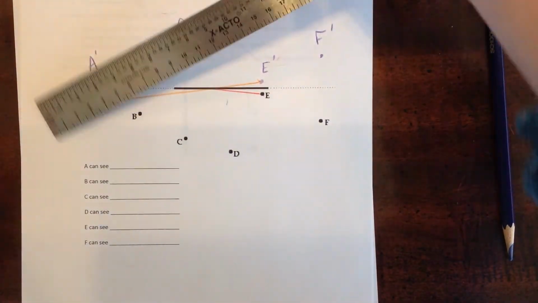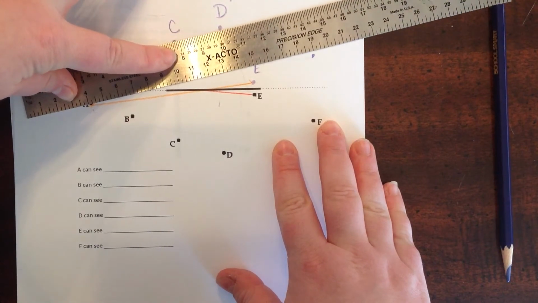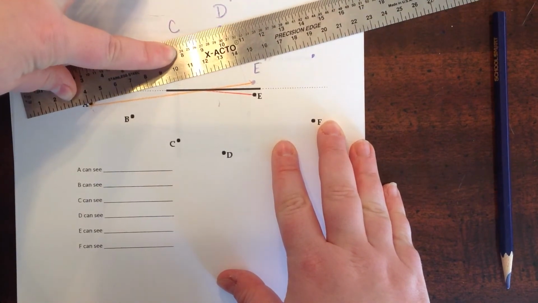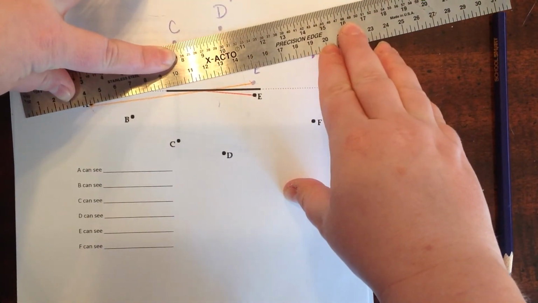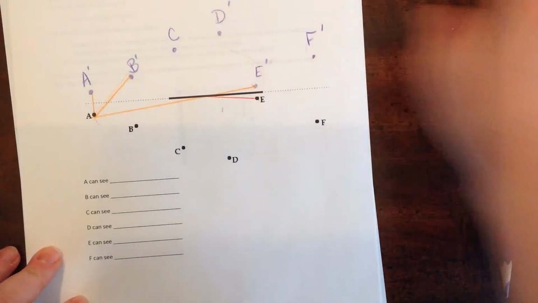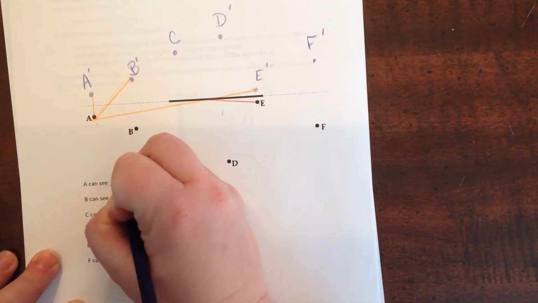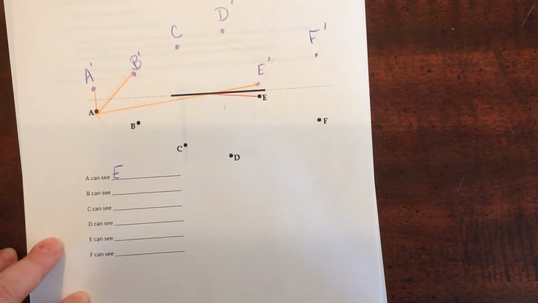Let me find another one. If we look at A to F, looks like that one just kind of misses it. So that means that A is only able to see E and no one else.